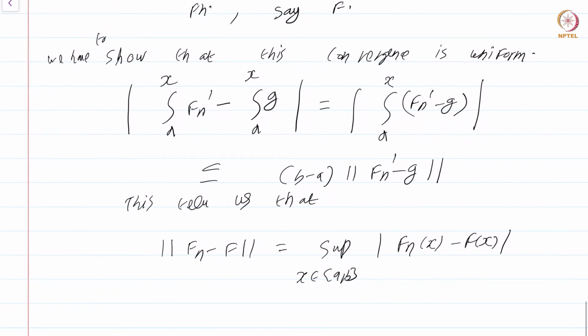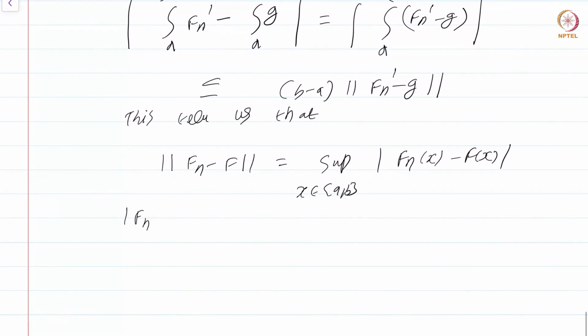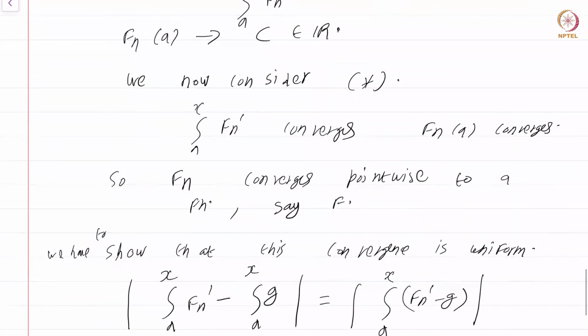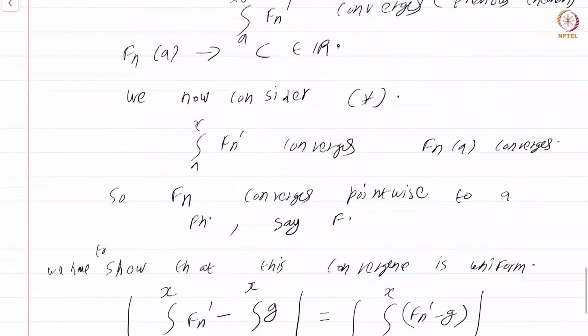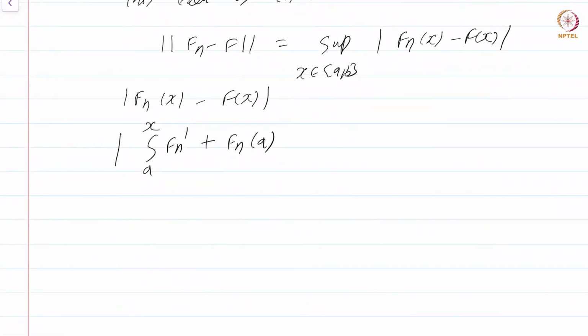So let's analyze mod f_n(x) minus f(x). Well, f_n(x) is just the integral from a to x of f_n prime plus f_n(a), and because f is just the limit of this expression on the right hand side, f is nothing but the integral from a to x of g plus c.